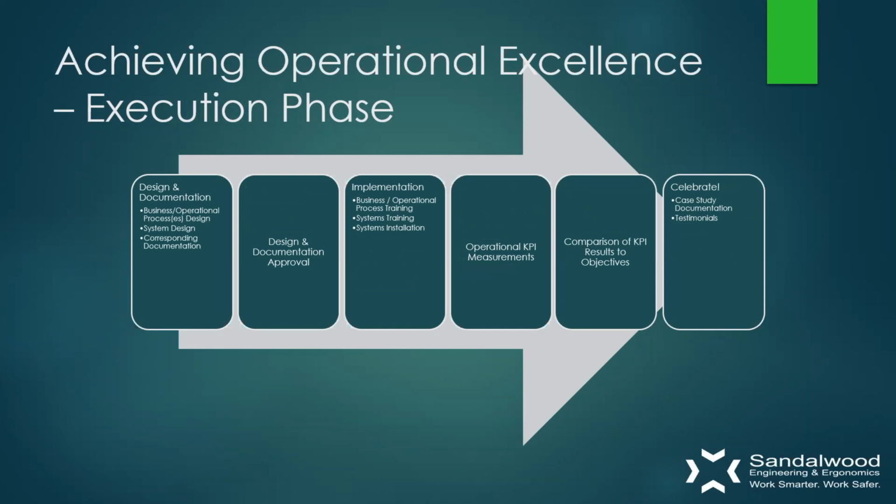And then move into implementation, in which training is very important. And then the other aspect is to actually come back in and look at your measurements, your KPIs after the fact, and compare the results to what your objectives were. And then don't forget to celebrate at the end.